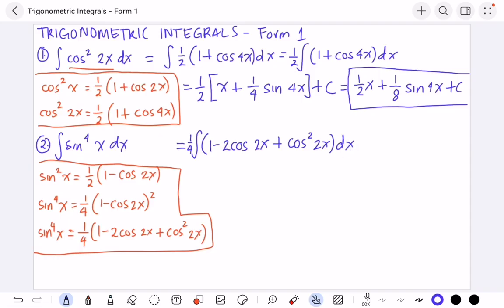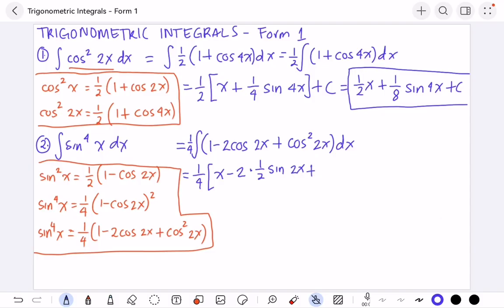Okay, let's do this one by one. So now I have this constant 1/4. The antiderivative of 1 is x, minus 2 times the antiderivative of cosine 2x, which is 1/2 sine of 2x.